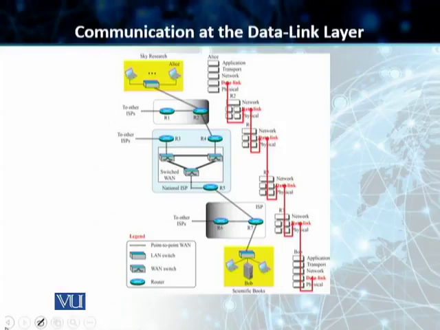Once again, we have got the sender, and the sender is Alice, or Alice's machine here, which is connected directly to the router R2. So students, the data link layer at Alice's computer will communicate with the data link layer at the router R2. You will see this connection using this red line that's shown here. The data link layer at Alice's computer is talking to the data link layer at the router R2.